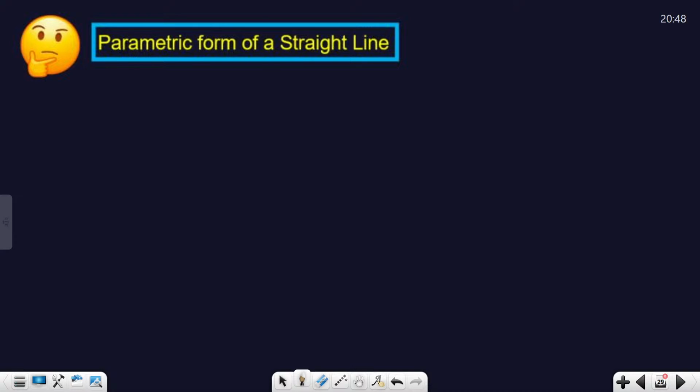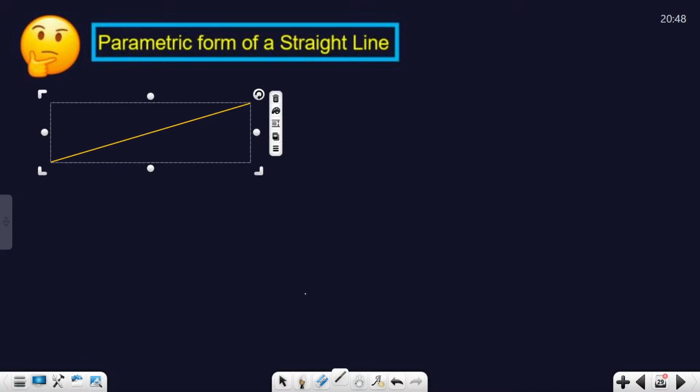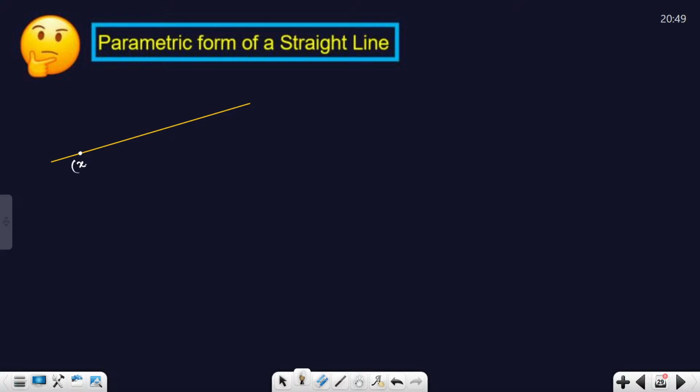Suppose if I say that there is a line which is passing through a point, let us say x1, y1. And the slope of this line is, let us say, tan theta. Okay? Now we all know how to find out the equation.